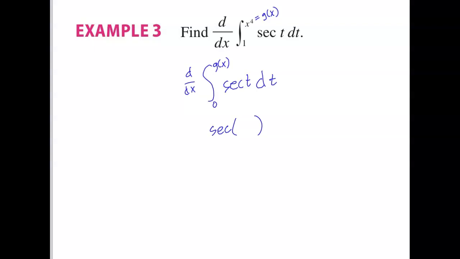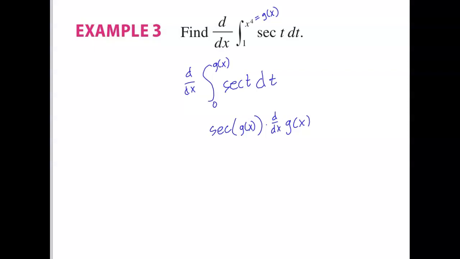But instead of secant t, I'm going to leave my inside function plugged in. What's my inside function in this case? Not x. G of x is the inner function, right? So I'm going to do secant of g of x, and then I multiply by the derivative of the inner function, right? To finish out the chain rule. So my answer here is going to be secant of g of x times the derivative of g of x.